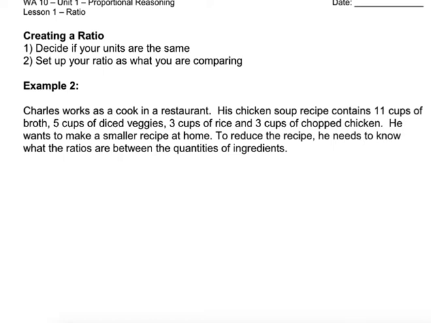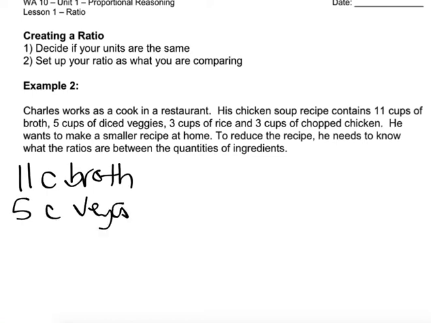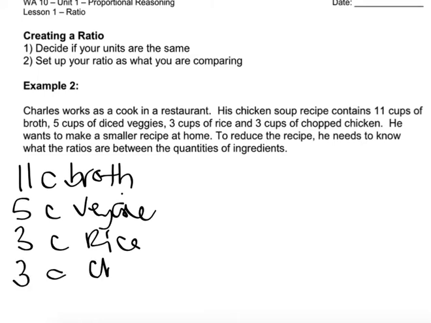We're going to say we have 11 cups of broth, 5 cups of veggies, 3 cups of rice, and 3 cups of chicken.